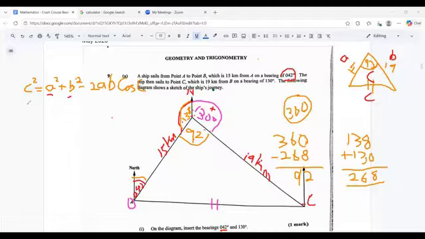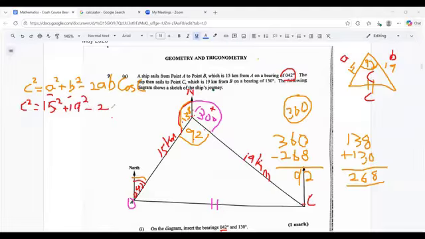So we're changing the information. We can leave this as c squared or you could change it to AC squared, right? Is equal to a is what, 15? So we put in 15. Don't forget about the squared. b is 19. Don't forget to put the squared.